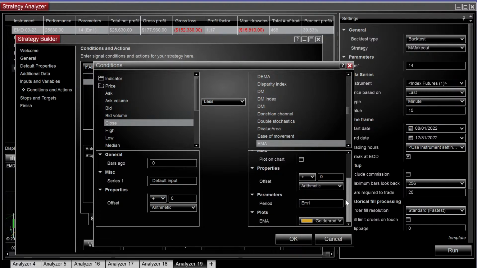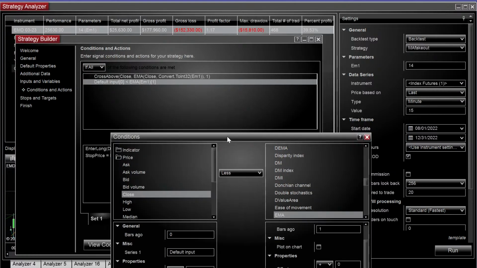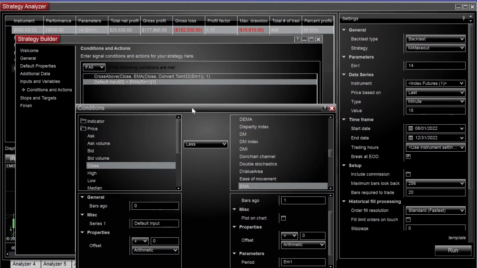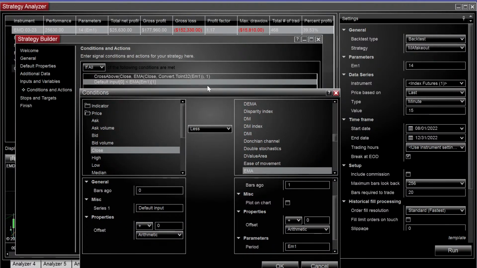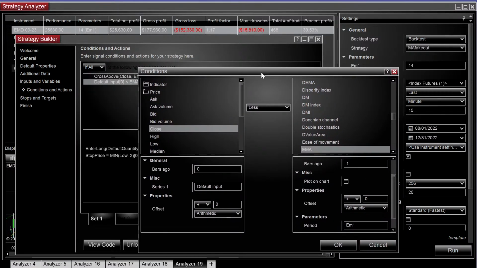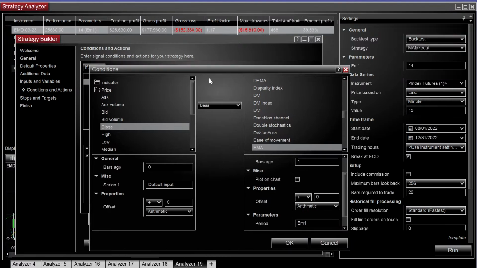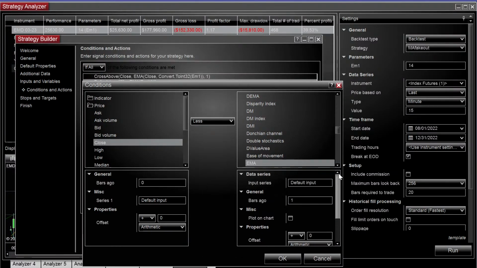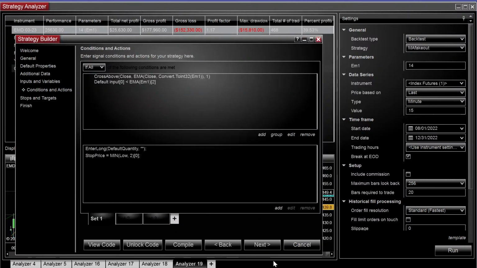Let's see. It's really not making much sense. It's very simple. Close was less than the EMA 1 bar ago. I mean, does it need to be 2?